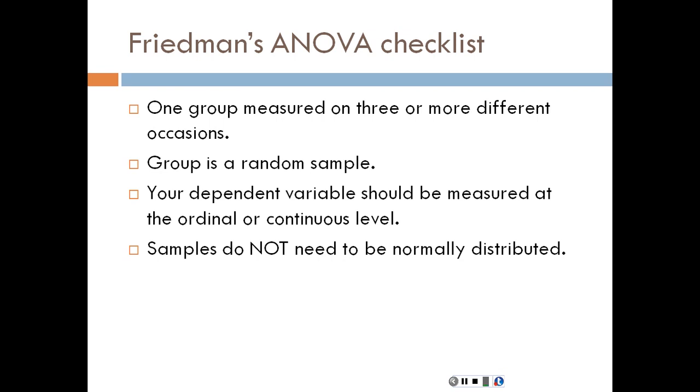And finally, our samples do not need to be normally distributed. So you notice throughout all of these non-parametric tests, when our data are not normal, we should use a non-parametric test. Okay?